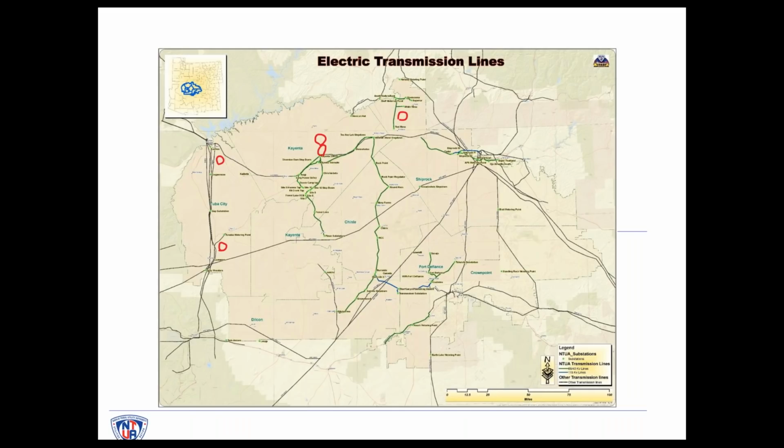But this will give you a sense also of our transmission facilities. And as you can see, they're fairly robust. So we're very fortunate in the fact that we have a number of areas that we can locate solar projects either adjacent to or very close to existing transmission.